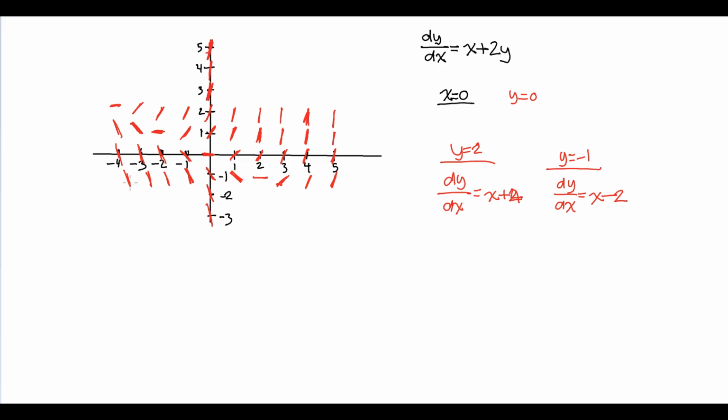Now you can start to see the slope field starting to assemble. And you might now see some solution curves, like this, something like this, or through here, or this.